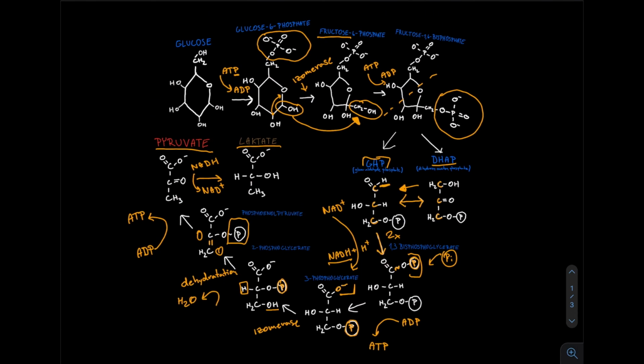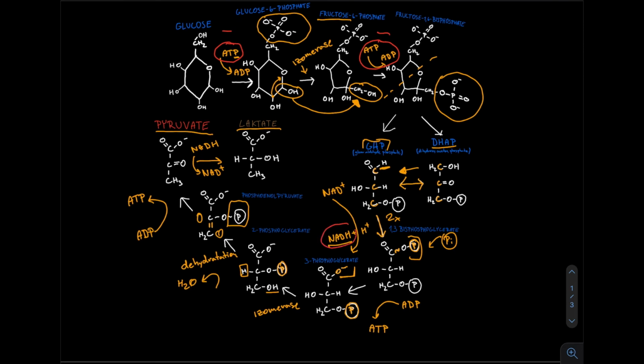So just to make it clear, here we are using ATP, so we're losing one molecule. Here we're also using ATP, so we are using another molecule, so we lose it. Here we gain 2 NADH. And finally here we gain our first 2 molecules of ATP, because everything happens twice from this moment.